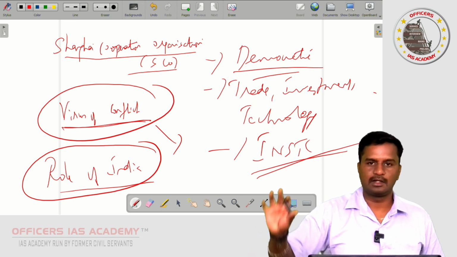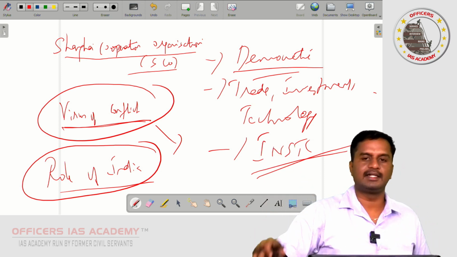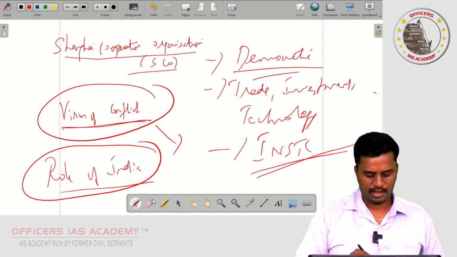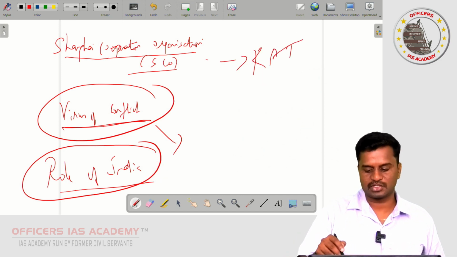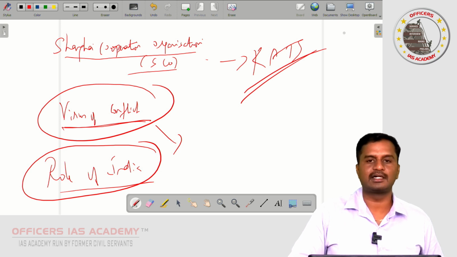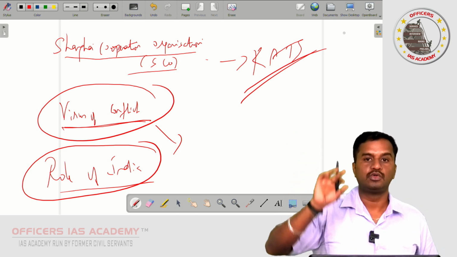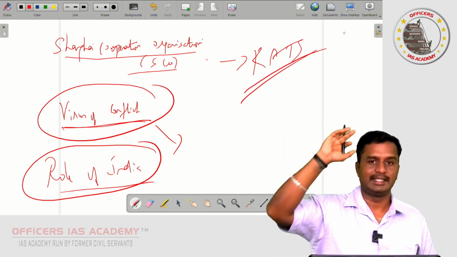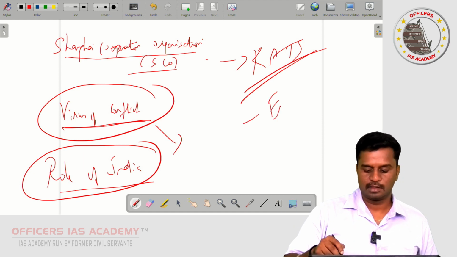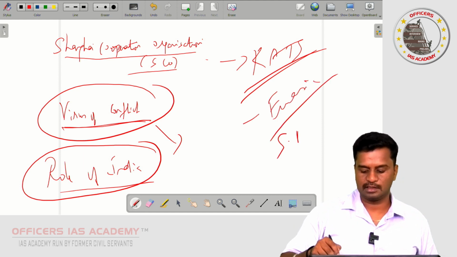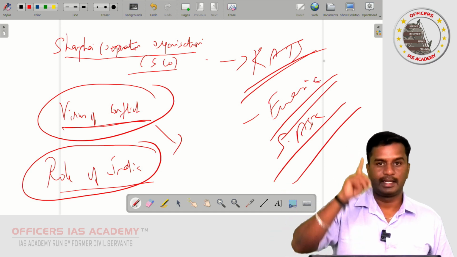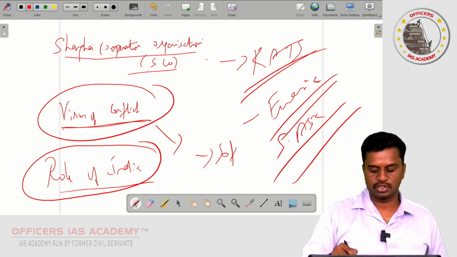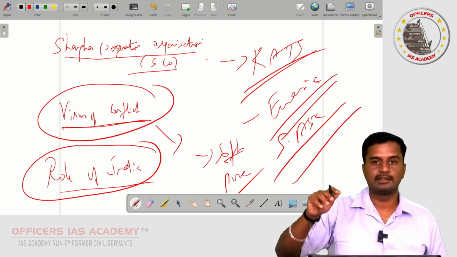INSTC can cooperate, coordinate with SCO. Next point, India can work with the RATS, the dedicated anti-terrorist organization of SCO, to combat terrorism, extremism in Eurasia, especially in South Asia. Next, India can use soft power in SCO.